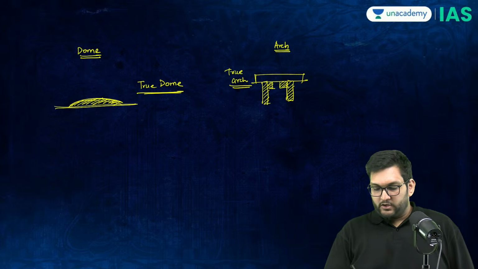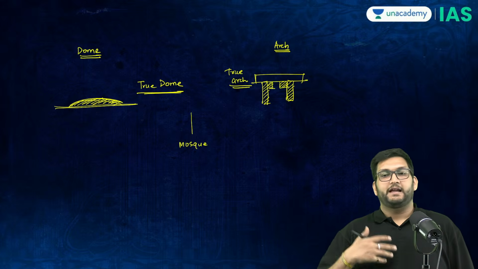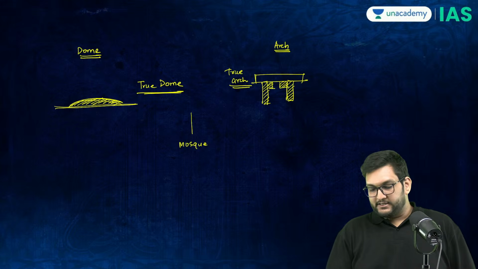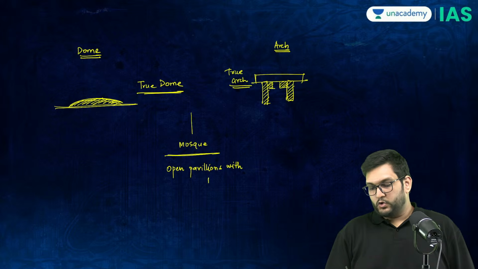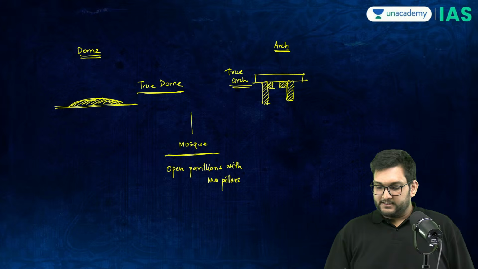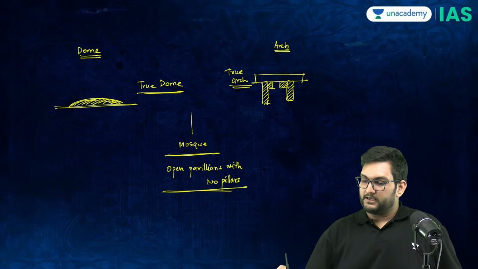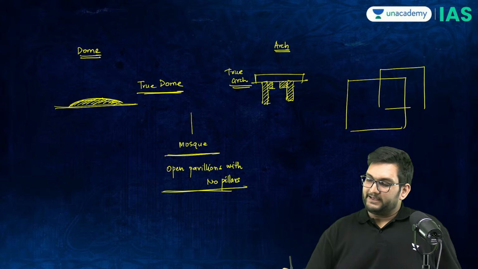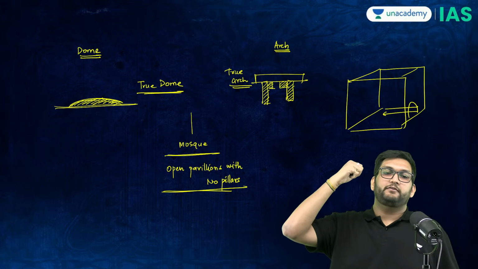Now, as I said, because they need mosque structures, they need to create mosques. They have this understanding that they need open pavilions with no pillars. And this is a very important point you have to understand, that they want structures which are open, which have an airy nature, and they should be able to enter it. There should be no pillar because they have to pray.